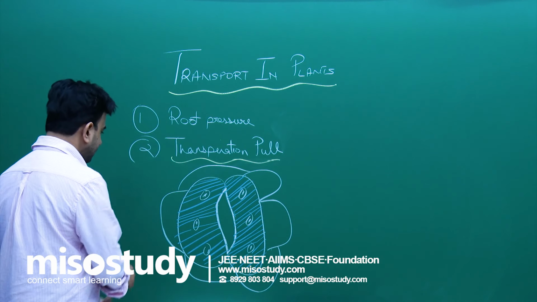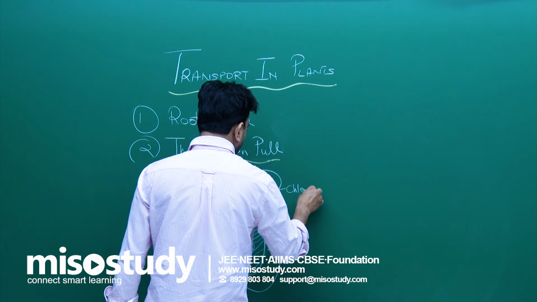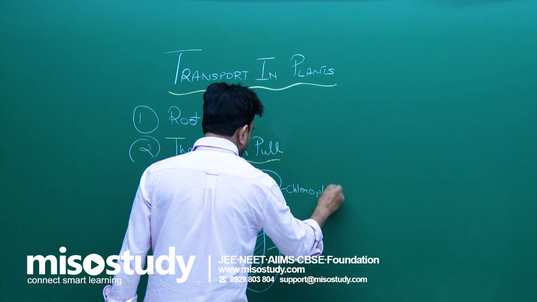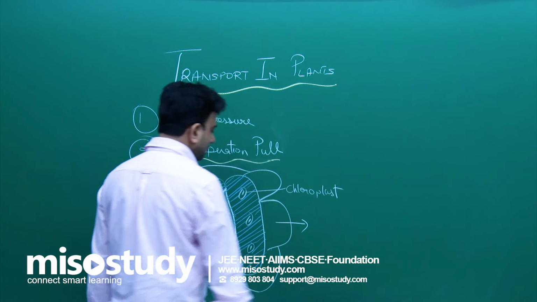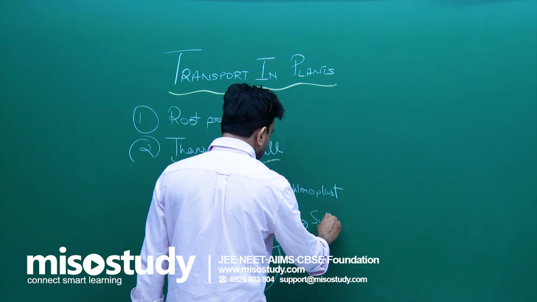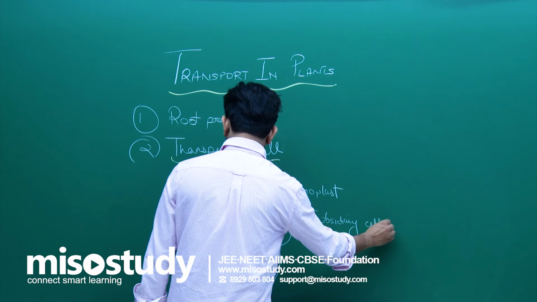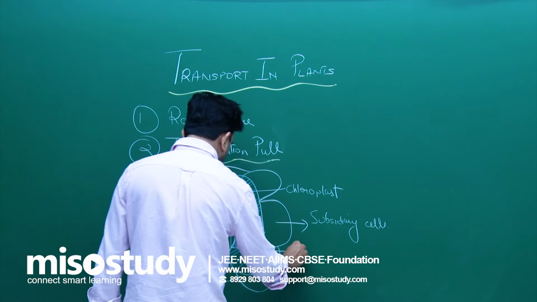Okay, this is the chloroplast. This is what? The subsidiary cells. This is the stoma opening.